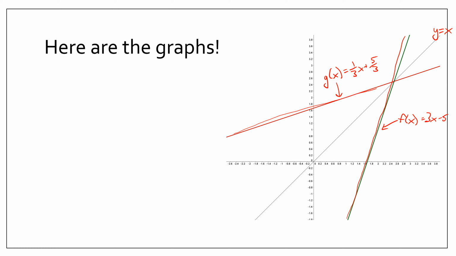Like, look, when f of x is really far away from the mirror, g of x is also really far away from the mirror. When f of x is really close to the mirror, touching it, g of x is also touching the mirror. And I'll erase that picture quickly.